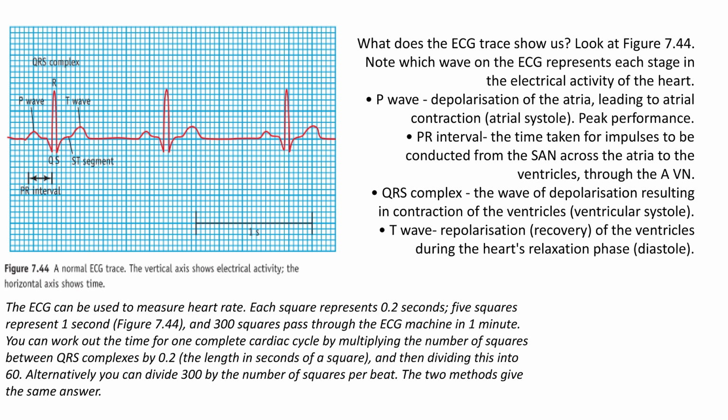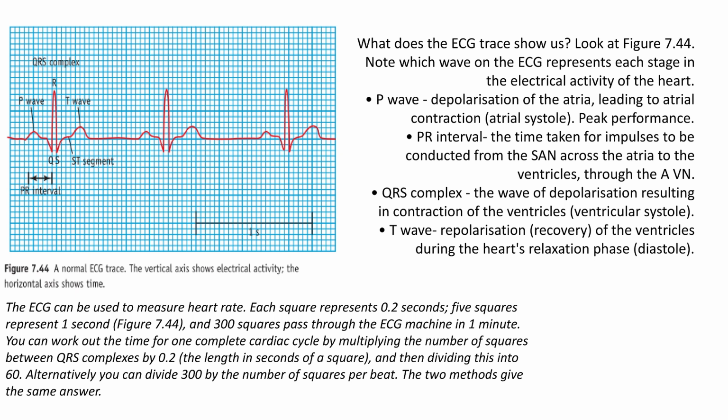Now the QRS complex represents the wave of depolarization resulting in a contraction of the ventricles, the ventricular systole. That's the QRS complex representing that. The T wave here represents the repolarization, recovery of the ventricles during the heart's relaxation phase. So that's diastole.